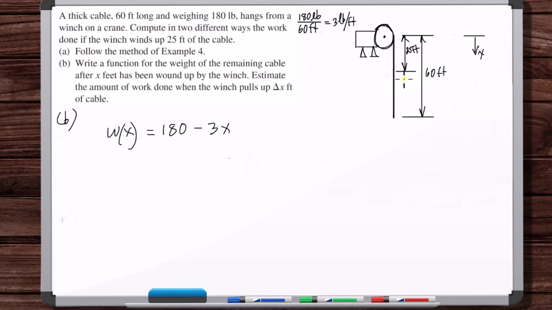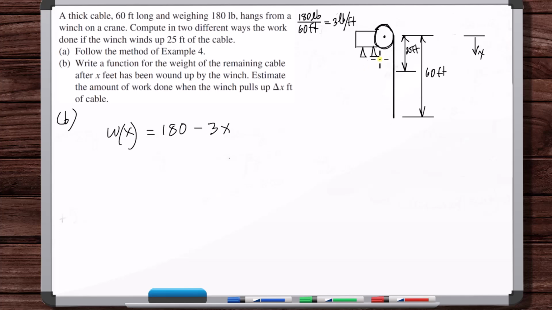So when 25 feet has been wound up, you're subtracting 25 times 3 from 180. And this is definitely a linear function, because if it wasn't linear, that would be like saying we wind in the first 10 feet, and the weight of remaining cable is this amount.